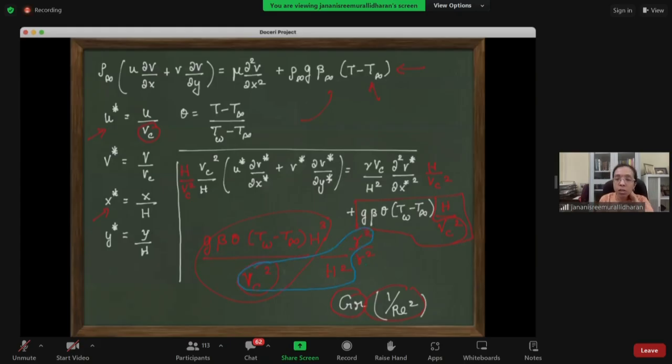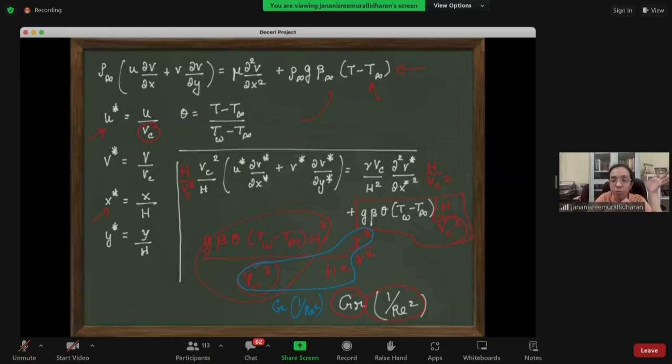Okay. So what does this mean? The product of Grashof number times 1 by Re square. So what are we saying? This system of equations, when you apply the Boussinesq approximation, gives rise to two non-dimensional numbers. One is the Reynolds number, which is convection driven, it's inertia forces versus viscous.